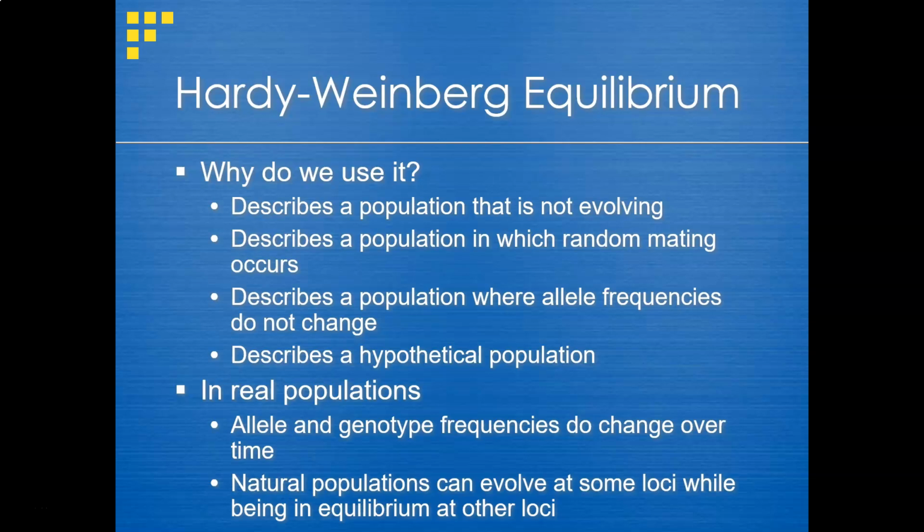There may be occasions where, if I'm looking at a very specific gene locus, a very specific trait, maybe that trait isn't really changing over generations in that particular population, but generally speaking, most things are changing. So Hardy-Weinberg's idea is to create a hypothetical population, a baseline, if you will, for comparison to the real living populations that are out there.